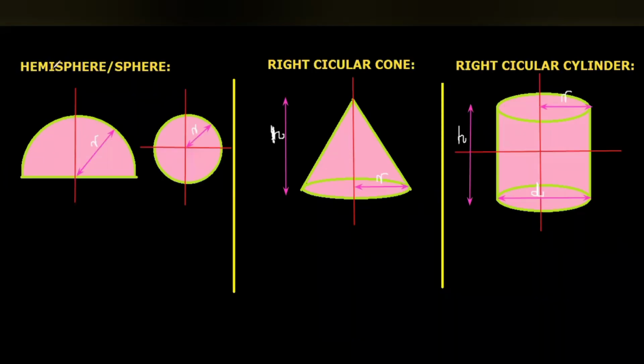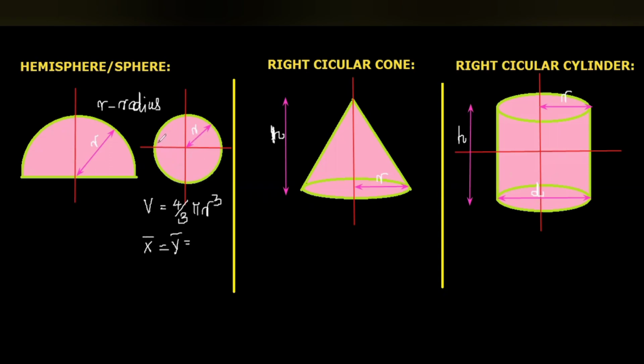Then volumes of solid bodies, center of gravity of solid bodies: hemisphere and sphere. First, the sphere, which has radius r. For the hemisphere also, r is the radius. For the sphere, we know the volume is 4 by 3 pi r cube. Then the x bar and y bar calculation of the sphere.